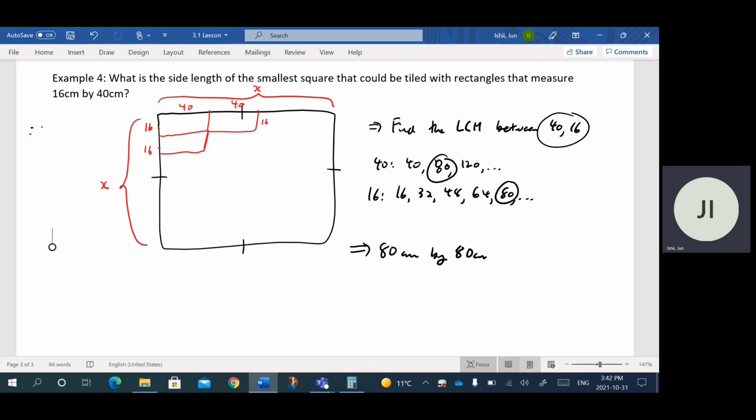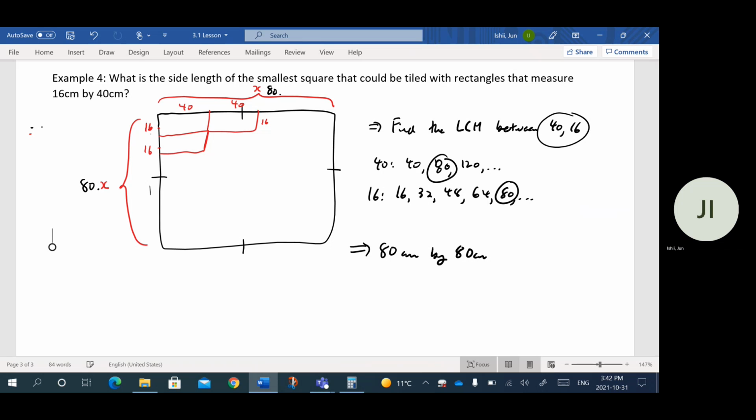Hopefully that makes sense. So if I was to tile this, I can put five of these 16s down this side, and then I would put two across this way, because then it would be 80 by 80.